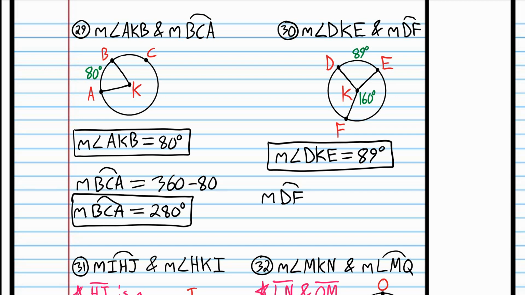There's a lot of different ways to find this. You can consider all these angles to be arcs, or you can consider all of them to be central angles. I'm just going to consider them to be central angles. So we know this central angle is 89. Now we know this is 160. So we just subtract those from 360, the total arc, or the total rotation, to get the measure of DF. So DF is equal to 360 minus 160 minus 89.